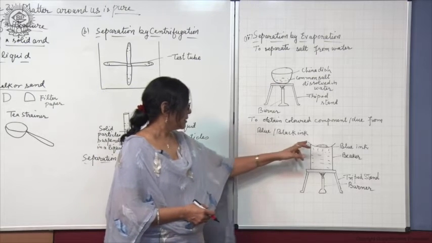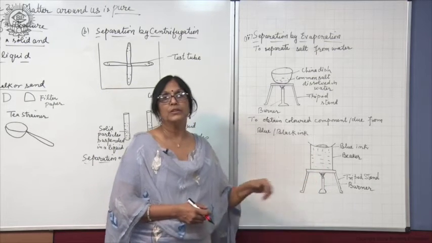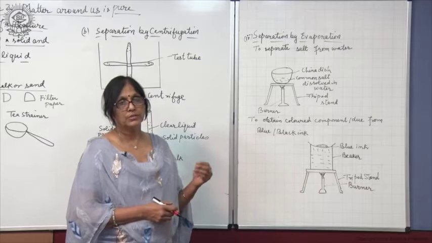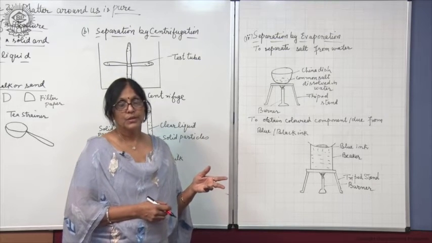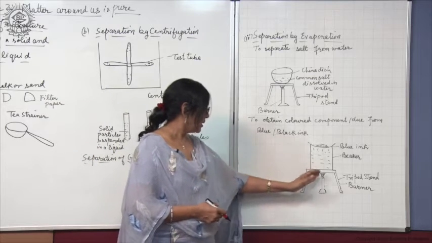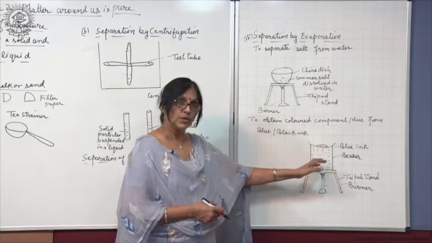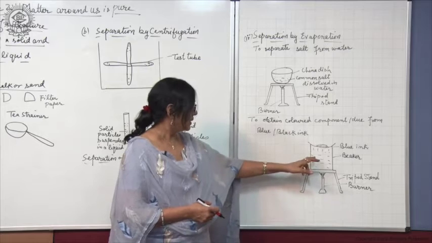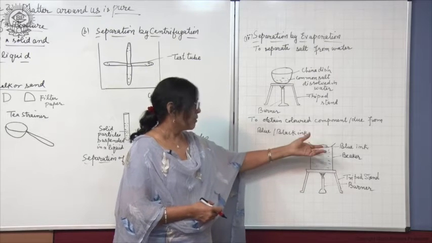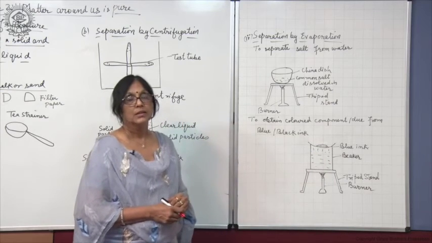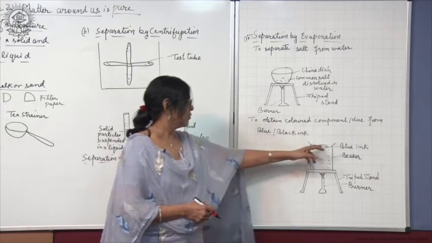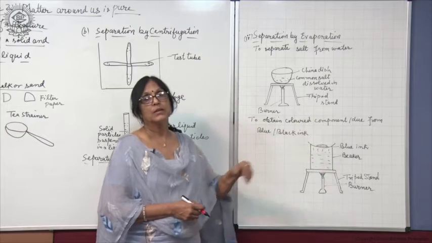Here the black ink is not heated directly because it will decompose on heating. So, it is heated over a beaker containing water. Water is heated first, then water evaporates and the steam formed heats the ink taken in a watch glass which is kept over the beaker.